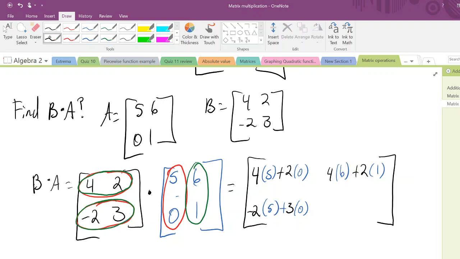So then I have negative 2 times 6 plus 3 times 1.